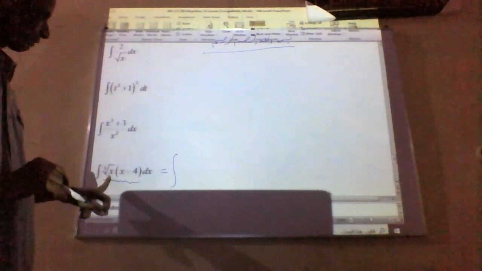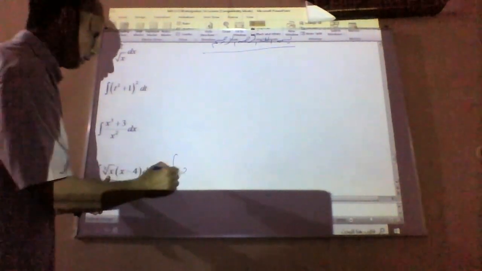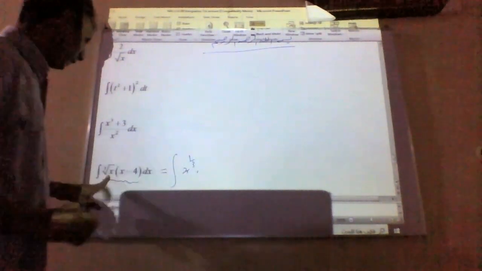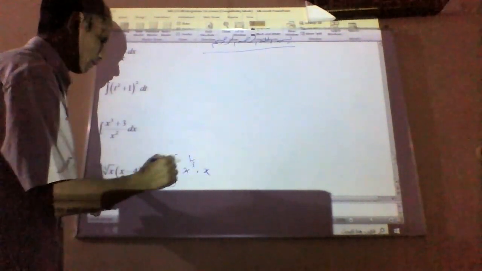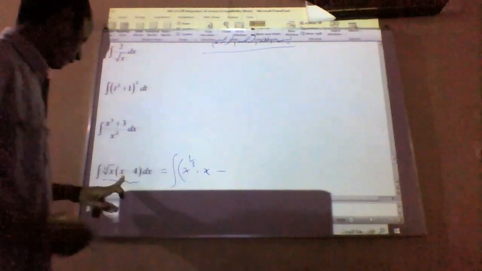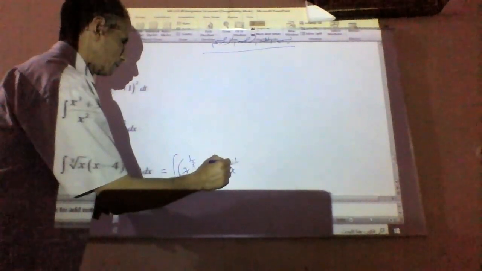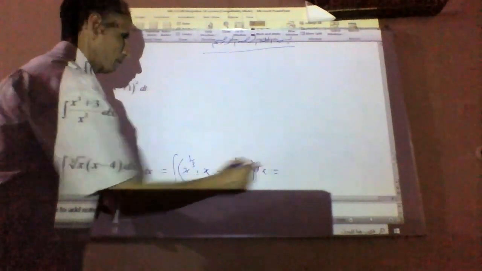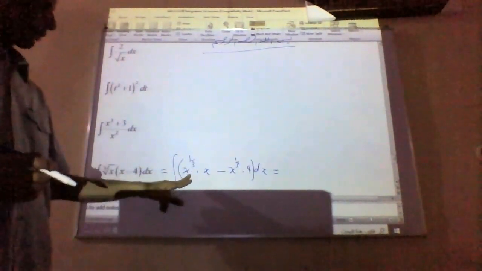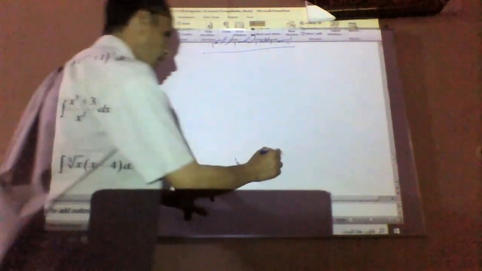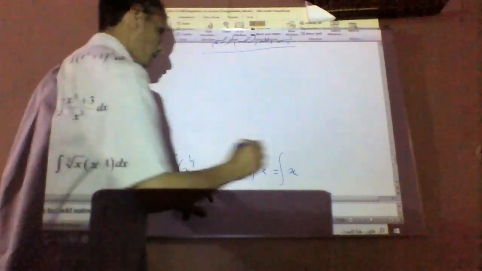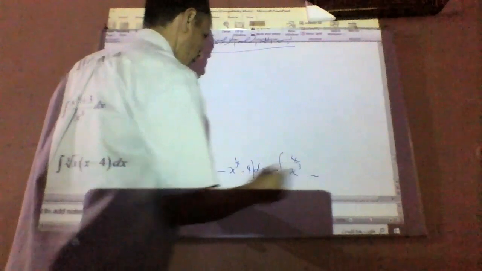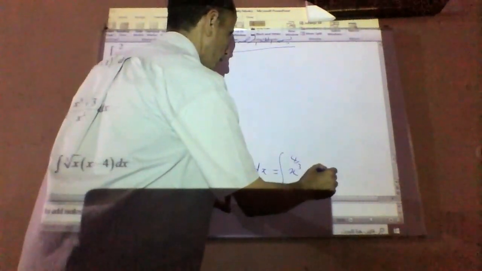Cube root of x means x power 1 over 3, multiplied by x, minus x power 1 over 3 multiplied by 4. X power 1 over 3 multiplied by x means x power 4 over 3, minus 4 x power 1 over 3, dx.